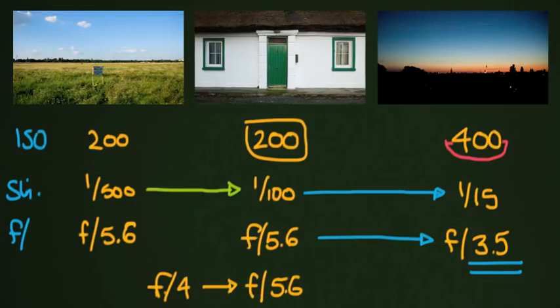You also have, for example, maybe 1/125th of a second, or 1/250th of a second. Now that is also one stop of light. So shutter speeds can be one stop of light, and f-stops can be one stop of light away from each other.